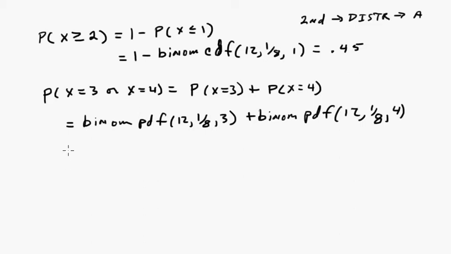So the first one is 0.12918 plus, one more time. I'm sure there was a way for me to do this all at once in the calculator, but I would have thought about it.